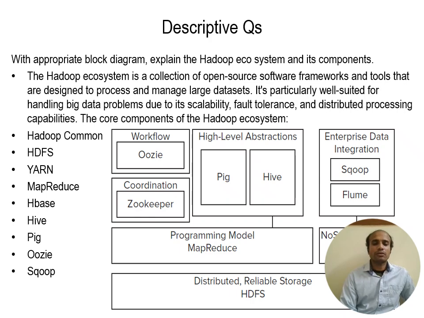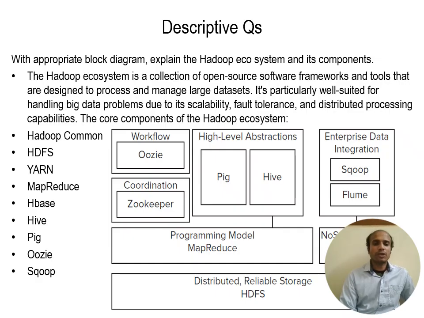Then you can explain MapReduce, and other components such as Apache Hive, HBase, Apache Pig, Oozie, Sqoop, as well as Zookeeper. So these are the core components of the Hadoop ecosystem.